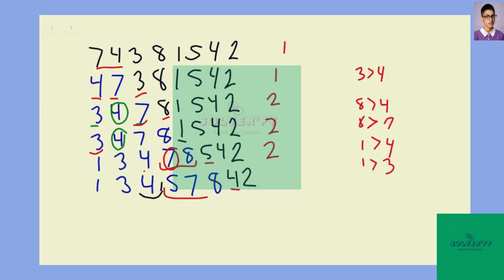Well, the answer is no. So then we end up moving to the next set here. And then we'll ask ourselves, is 4 greater than 7? The answer is no. And then we'll compare it to 5. And the answer is no. So it took 3 comparisons here to put 4 in its place.